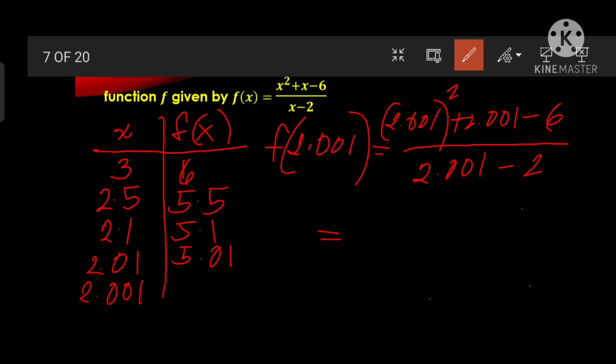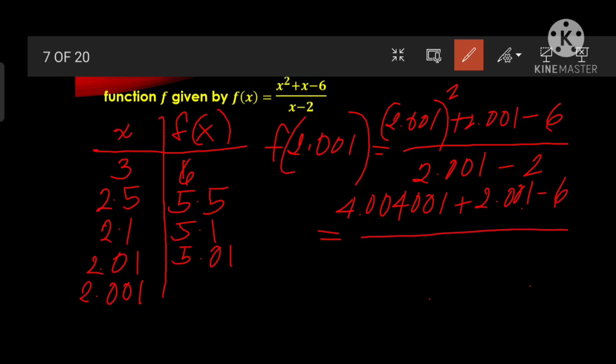So 2.001 squared is equal to 4.004001, and then plus 2.001 minus 6 all over 0.001.